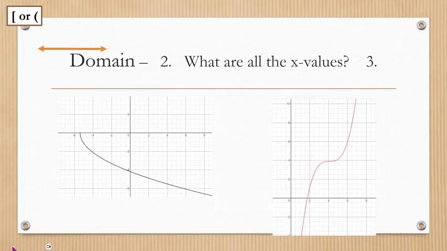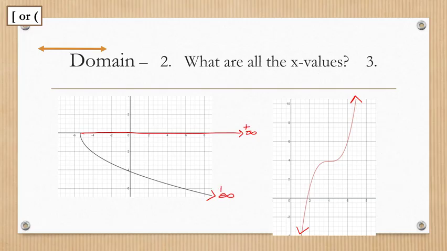Okay, domain. What are the x values? Again, I want you to assume that this one's going on forever. If there's not a definite dot on these pictures, we're going to assume that they're going to go on forever. So this one is traveling to infinity, and all of these x values are going to the right, which means these are going out to positive infinity.